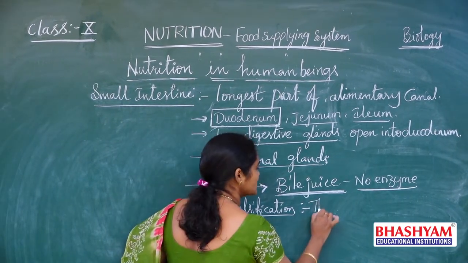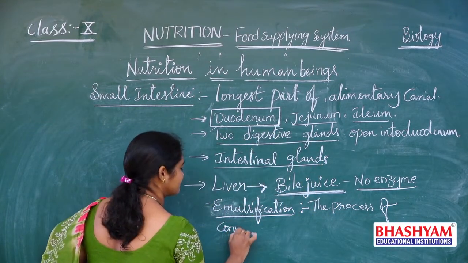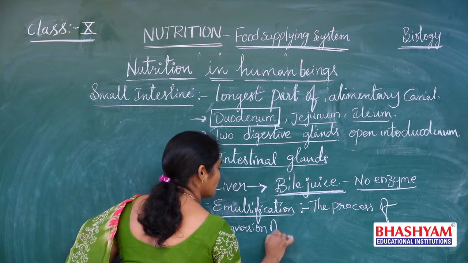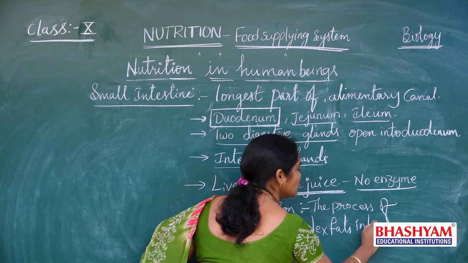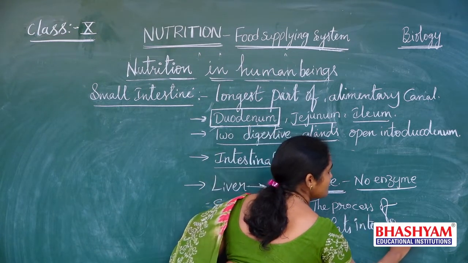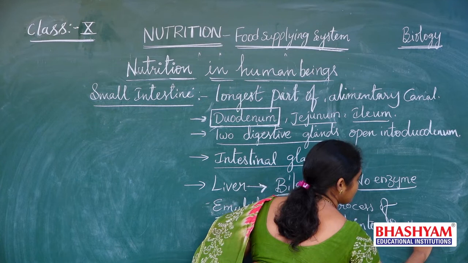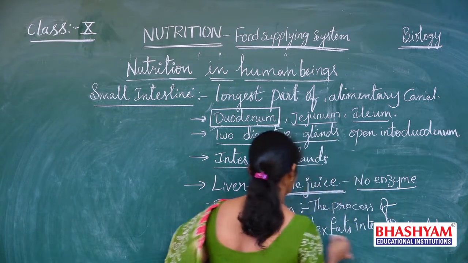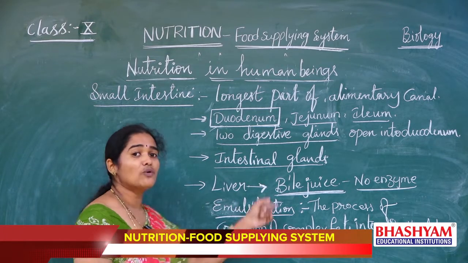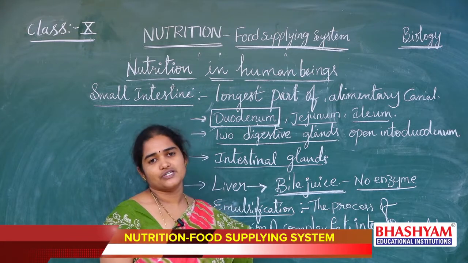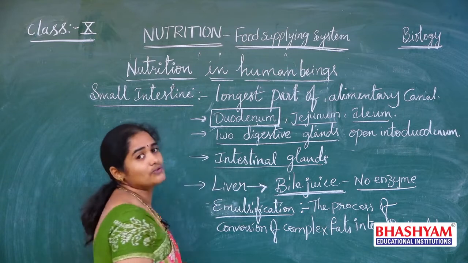The process of conversion of complex fats into simple or smaller fats is called emulsification. If this process is done, then only fats will start digestion. So for the process of emulsification, bile juice is useful.